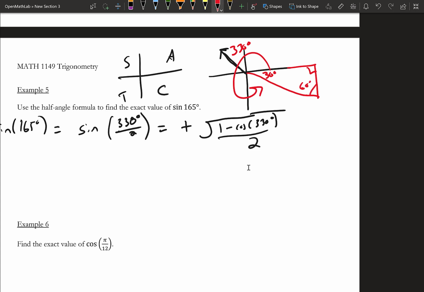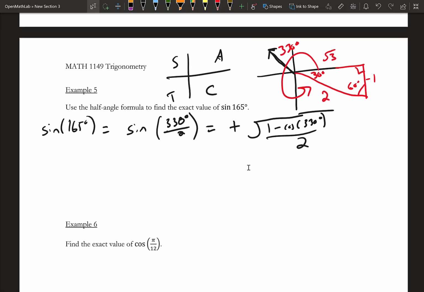So this would be 2, negative 1, and this would be radical 3, because what we're after is cosine of 330. So cosine of 330 would be radical 3 over 2. So this would equal the square root of 1 minus radical 3 over 2, just substituting that value in for cosine of 330, all divided by 2.